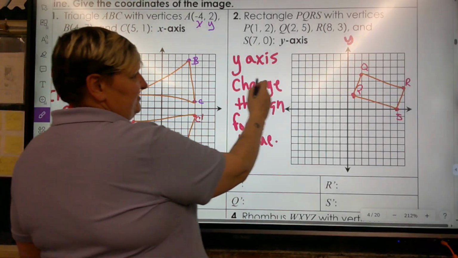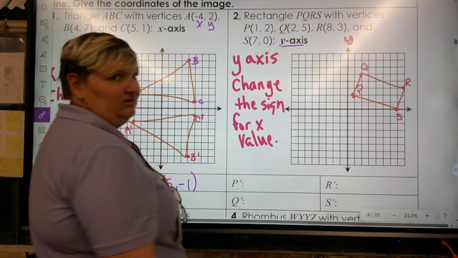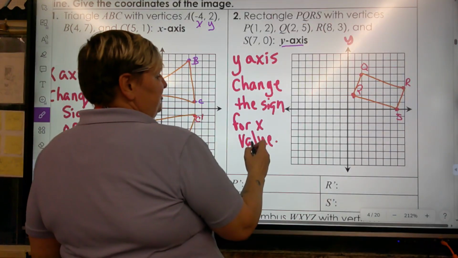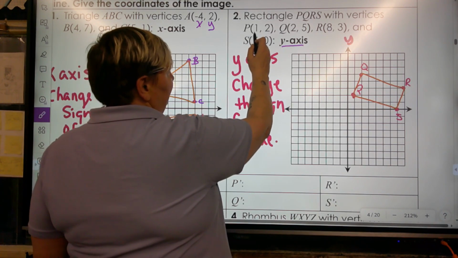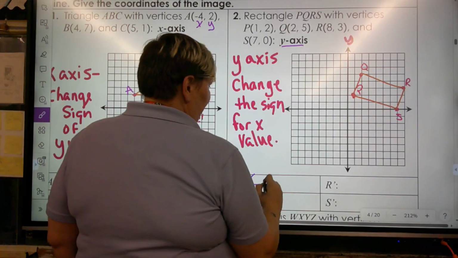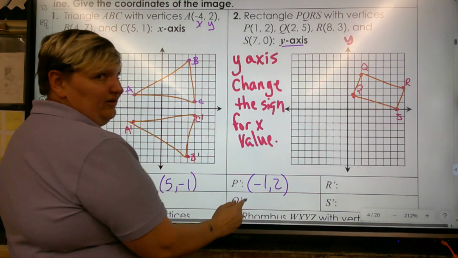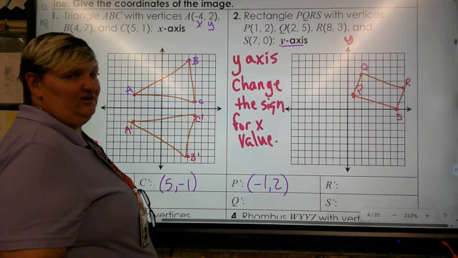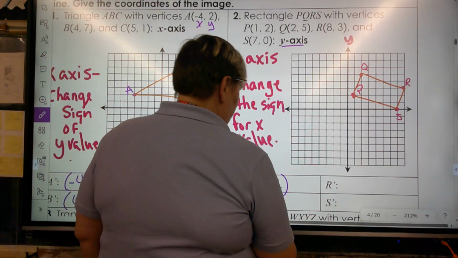Our rule says if we're crossing over the y-axis, which we are, it told us we were, right, that you're going to change the sign for the x value. It was 1, 2, so now it's going to be negative 1, 2. I changed the 1 to negative 1. I changed the sign on the x value. 2, 5.